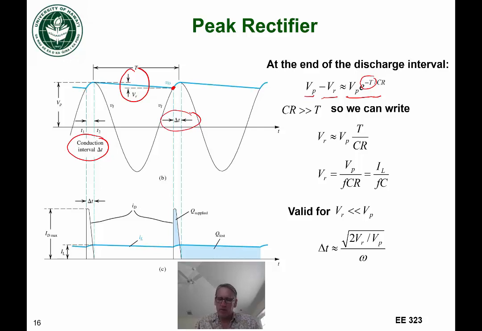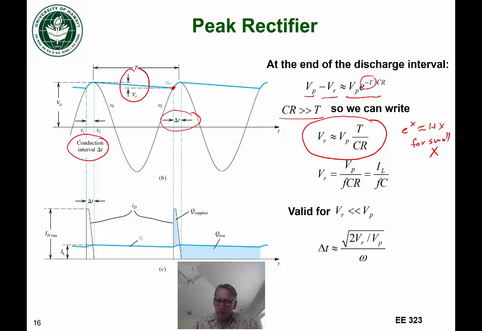So that's an approximation. Now, let's assume that RC is much greater than T. In that case, we can approximate this exponential. Again, remember, e to the x is approximately equal to 1 plus x for small x. And so if we substitute this approximation in and simplify, we end up with VR approximately equal to Vp times T over RC.